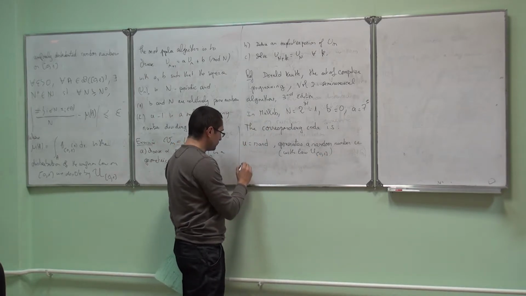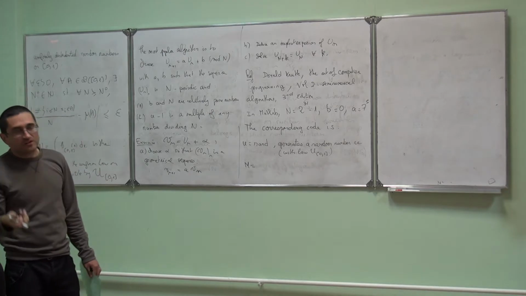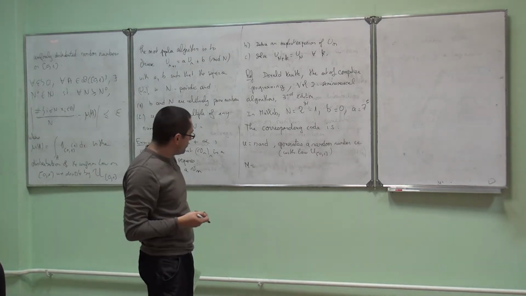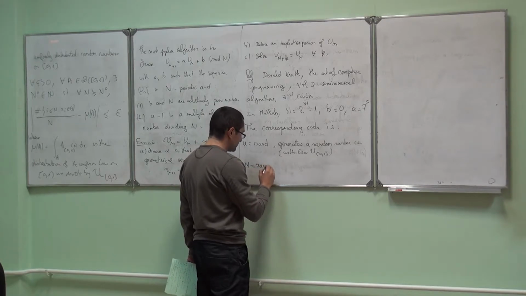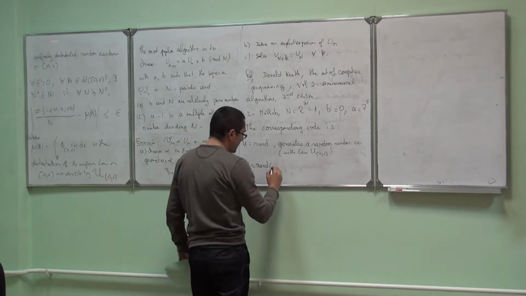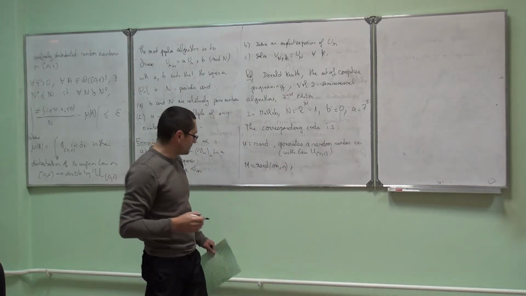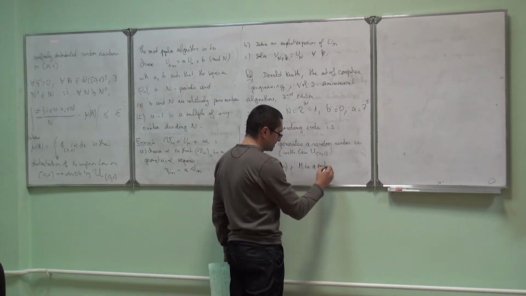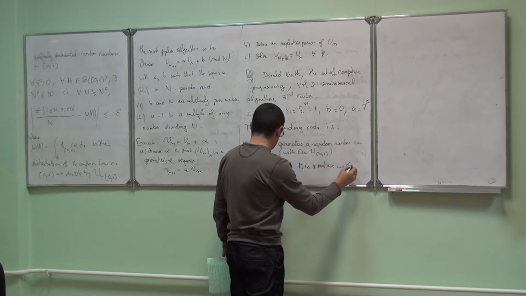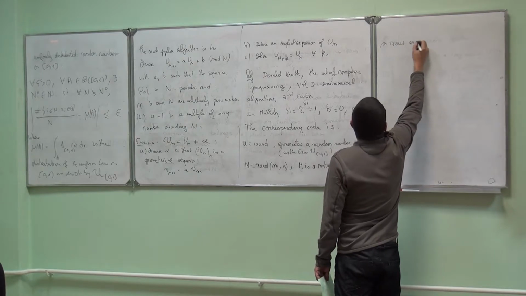And if you prefer to generate many independent random numbers, then you write capital M equals rand of m n, and then you get a matrix. M is a matrix with m rows and n columns.